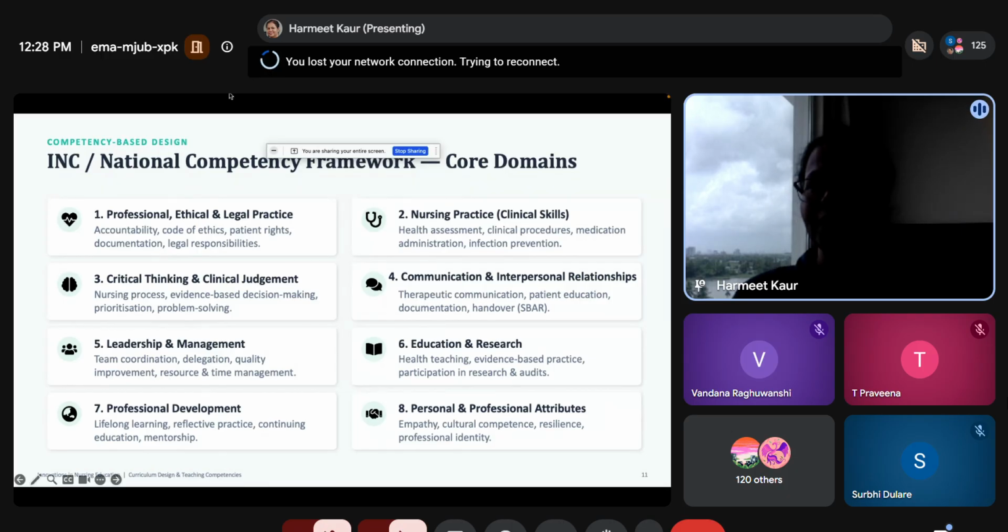The nursing practice, a very important competency, is clinical skill.